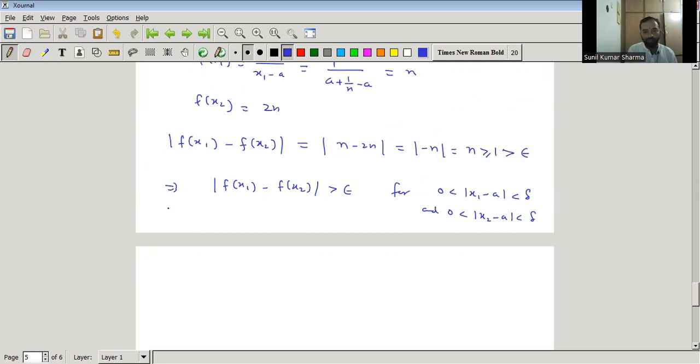We can say that if it is less than epsilon, then the limit exists, but if it is greater than epsilon, then we can say the limit as x goes to a of 1 upon x minus a does not exist.